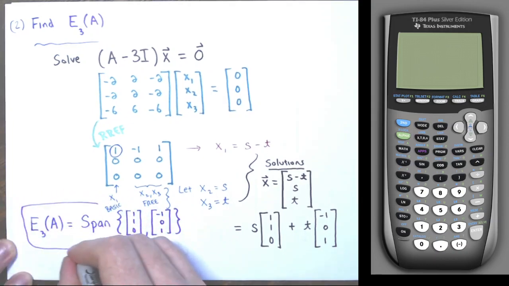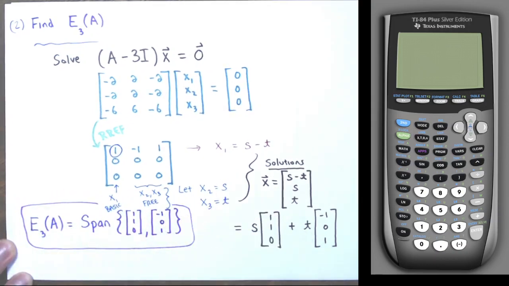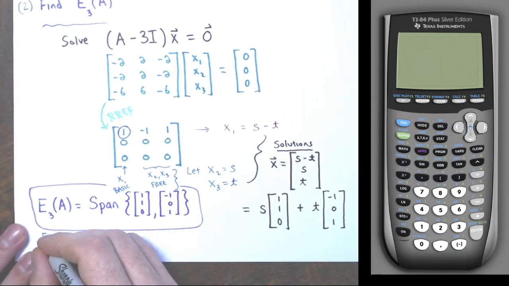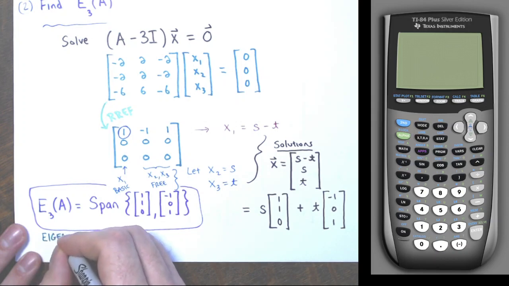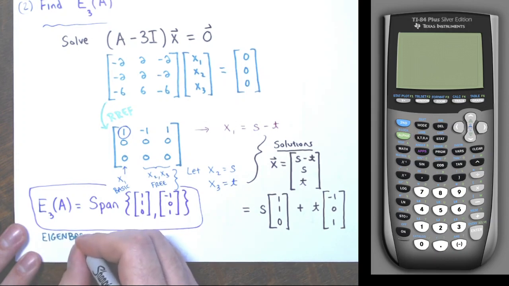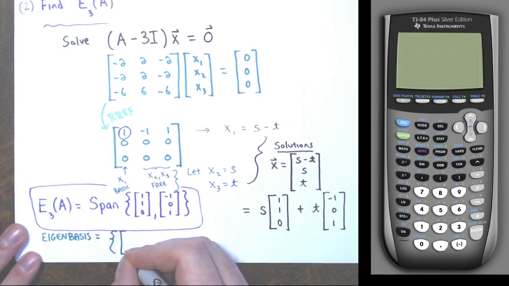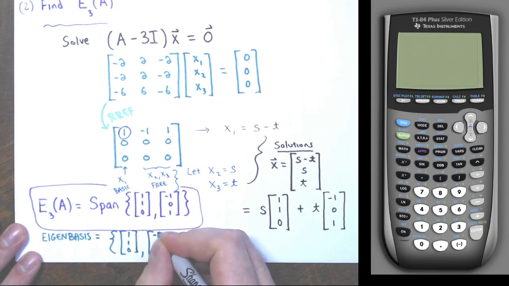There's the eigenspace of A corresponding to 3. This set with the 2 vectors that I have here are linearly independent and clearly span the space, so they are a basis for it, therefore an eigenbasis. Just this set with the vectors 1, 1, 0 and negative 1, 0, 1.